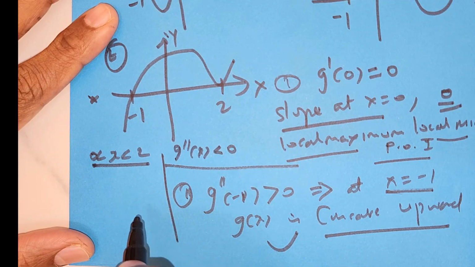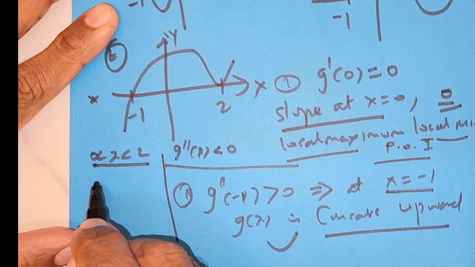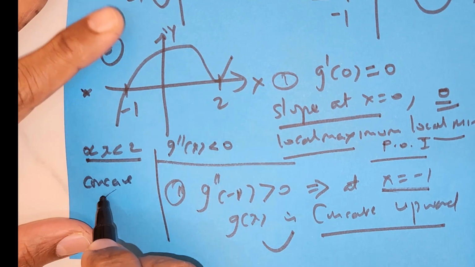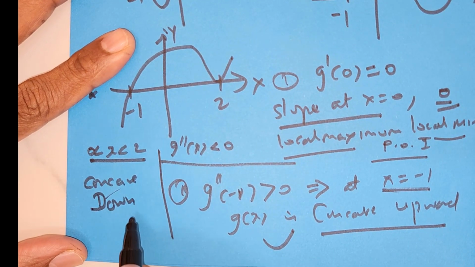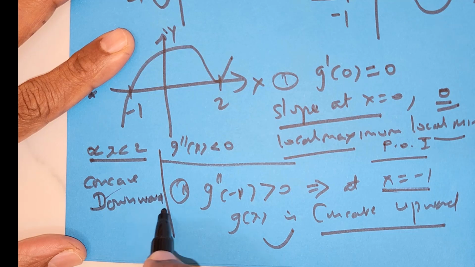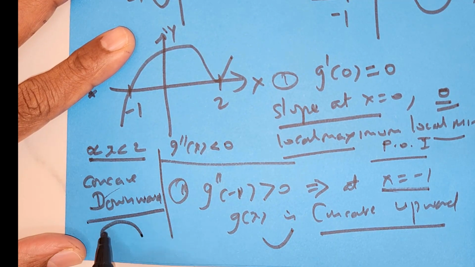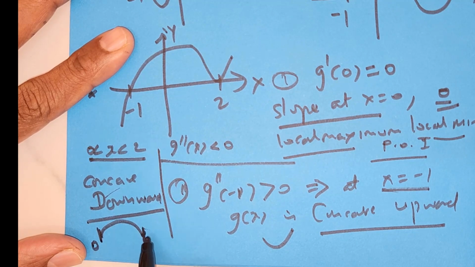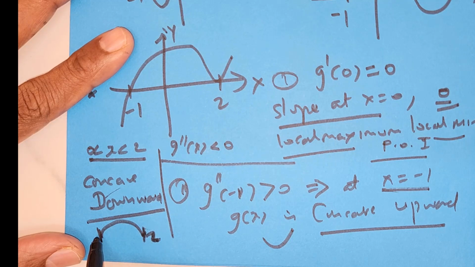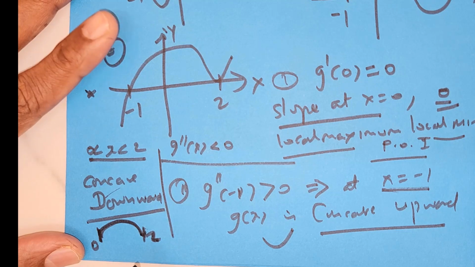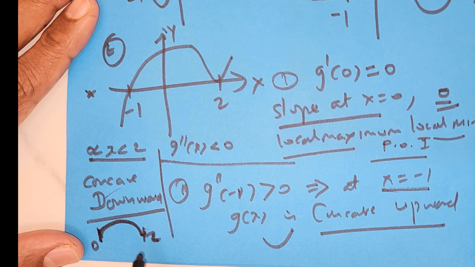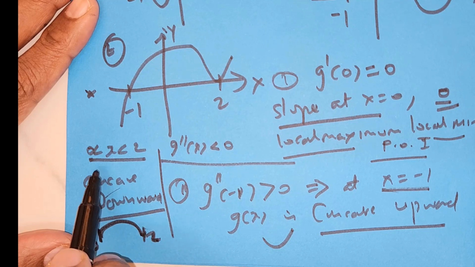So that means this is concave down. You can probably use the word downward. So this is actually an inverted U. So between 0 and 2, the graph should exhibit this structure, that means concave downward.